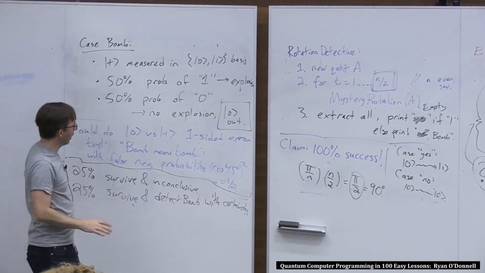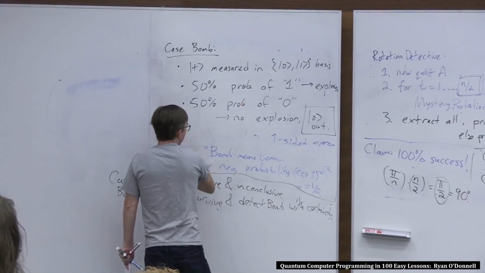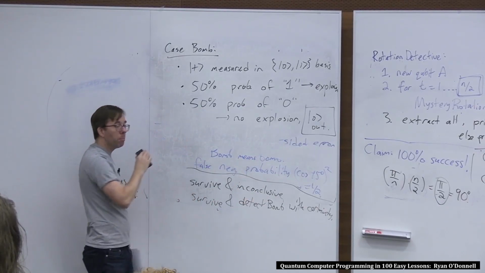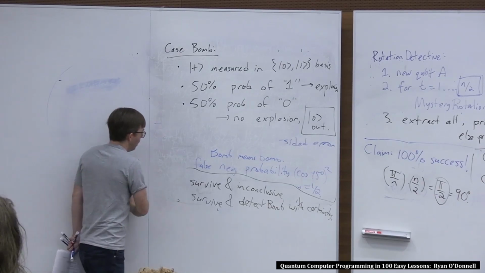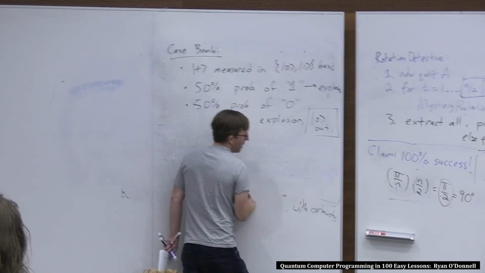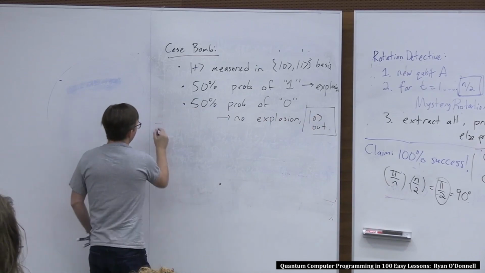So ignoring the possibility of explosions for a second, we have a much better scenario than this. Ignoring explosions, this algorithm perfectly tells the difference between bomb and empty. The only downside is that there is some slight chance of explosion, but I claim it's really small.